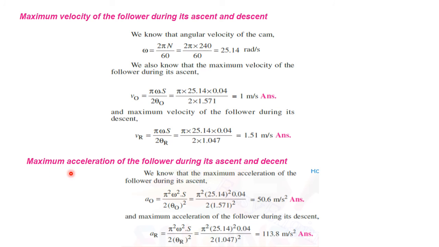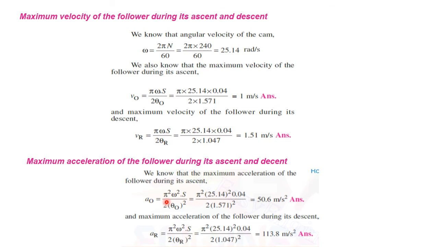Here we find the maximum acceleration of the follower during ascent and descent, the linear acceleration of the follower. A naught is equal to pi square omega square S divided by 2 times theta naught whole square.